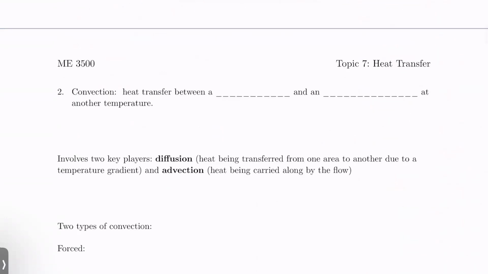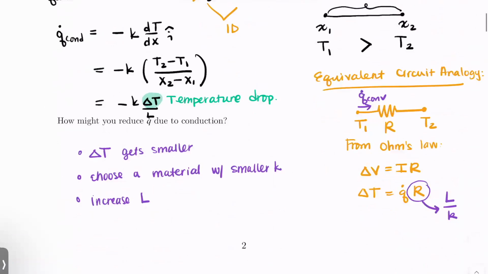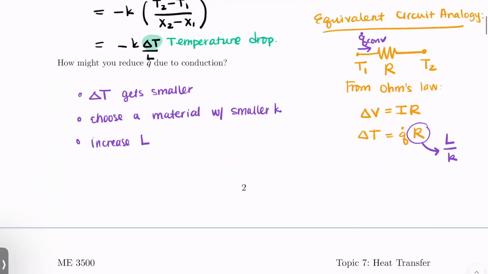Okay, so when we were talking about the mechanisms of heat transfer, we said there's three. The first one we outlined here was conduction. The next one is, did I say conduction or convection? The first one we did was conduction.